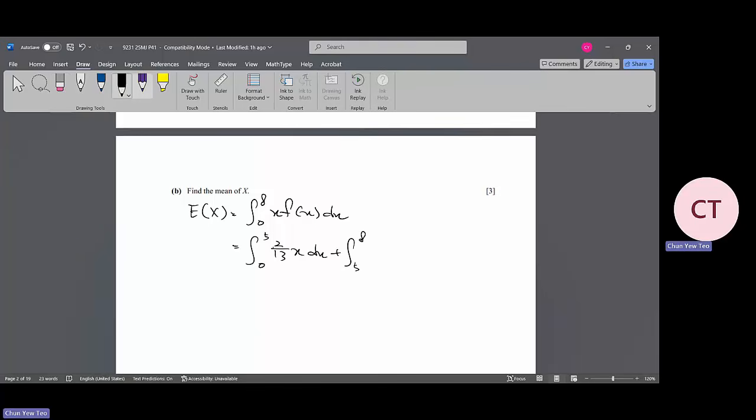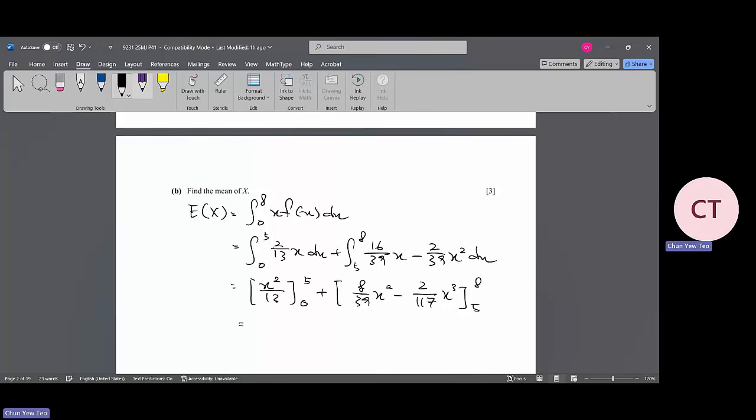Then you have B, which we found is 16 over 39 multiplied by x, minus C, which is 2 over 39 multiplied by x. So you have x squared over 13 from 0 to 5, plus 8 over 39 x squared minus 2 over 117 x cubed from 5 to 8.